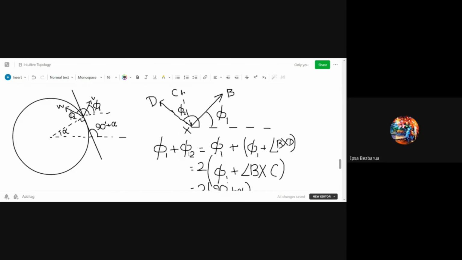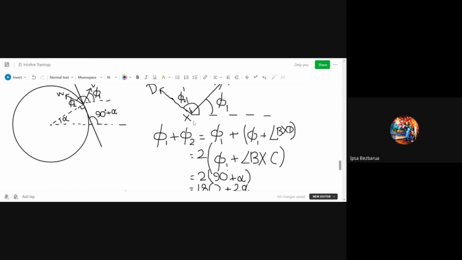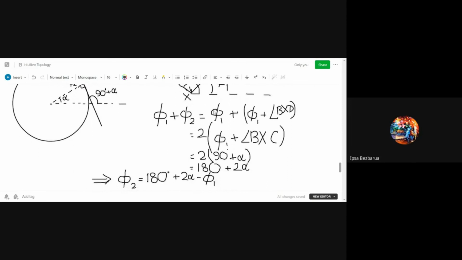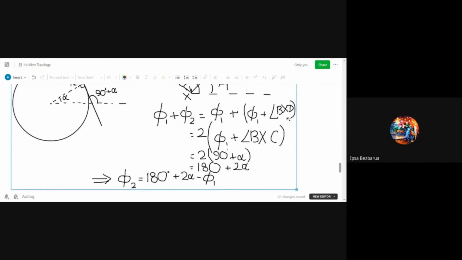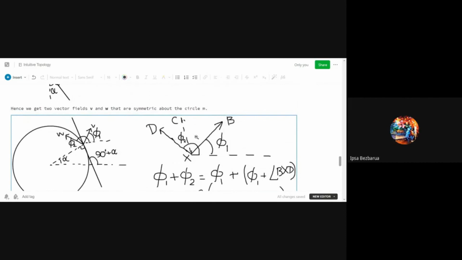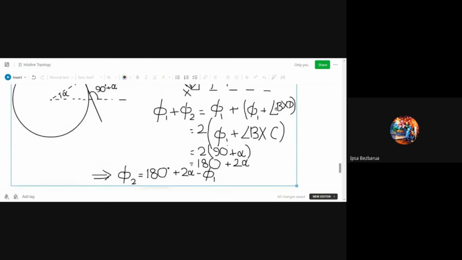This tangent I am drawing about the point X, tangent to the circle about X. So now I consider phi1 plus phi2, and with a little bit of algebra, I get this. It's basically phi1 plus this angle BXD, and BXD is twice BXC because the two vector fields are symmetric about this tangent line.